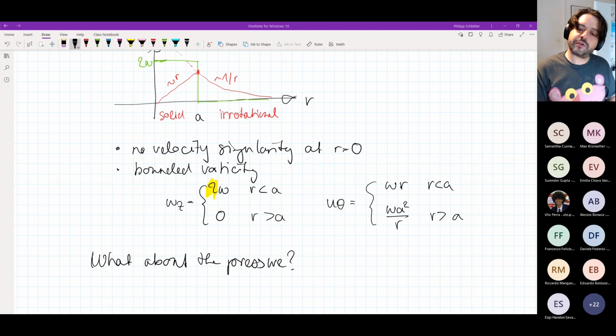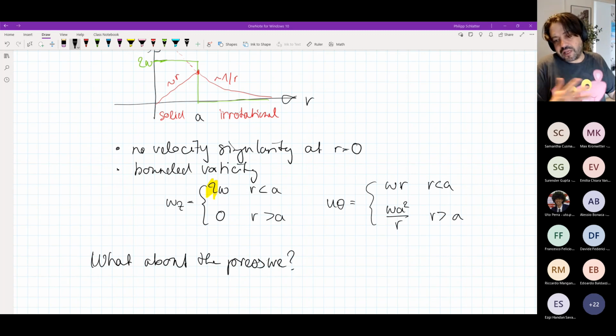But maybe for now, you can just think: you have a swirling motion, so what happens if you are in a swirling motion? Well, there is a centrifugal force that tries to pull everything out from the center.